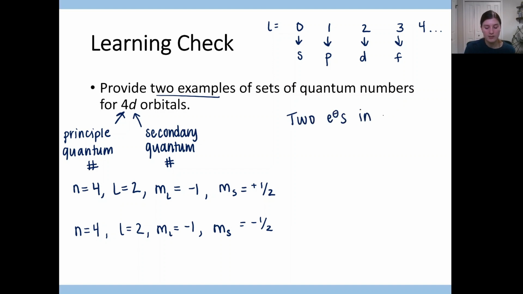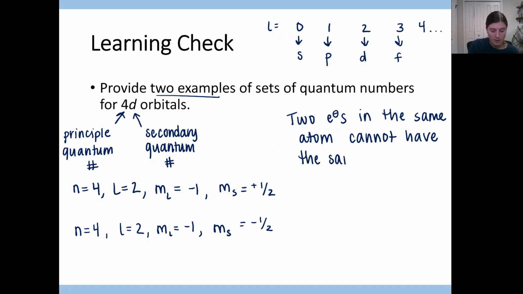So 2 electrons in the same atom cannot have the same set of 4 quantum numbers, meaning we have a number for n, l, ml, and ms. If you're describing 2 different electrons, then they must at least differ by the ms value.